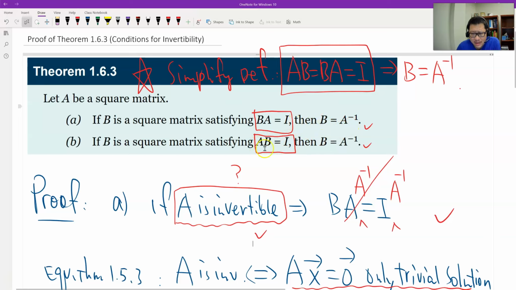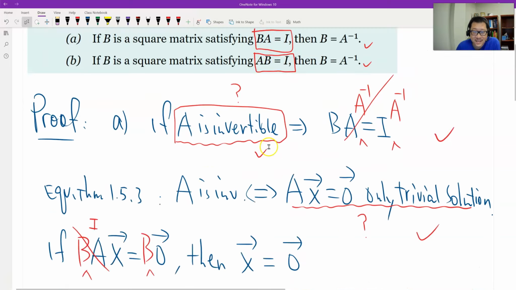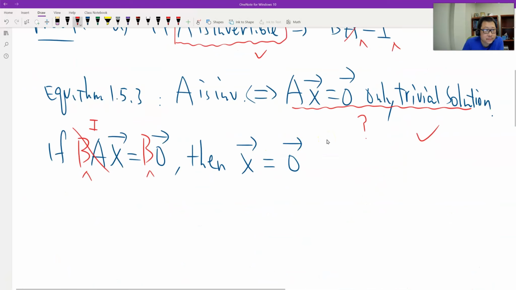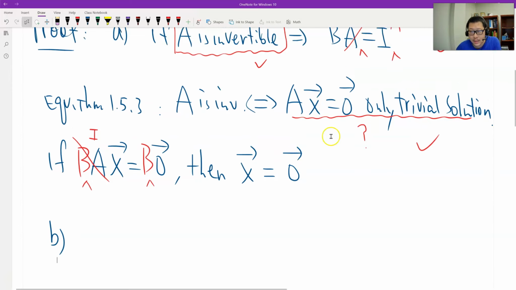Then we look at the second case. If A times B equals I, is B the inverse of A? We just use the result from the first case.